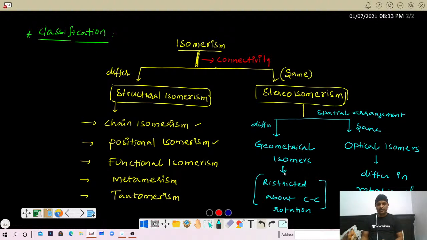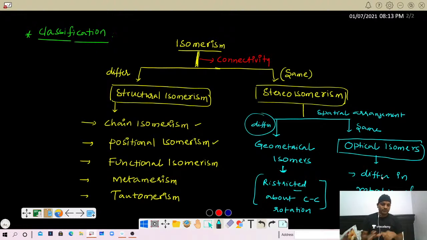In geometrical isomers, the spatial arrangement is different because of restricted carbon-carbon rotation about the double bond. But in optical isomers, carbon-carbon rotation is allowed, and they differ in the rotation of plane polarized light, isn't it? So this is the brief classification of isomers.